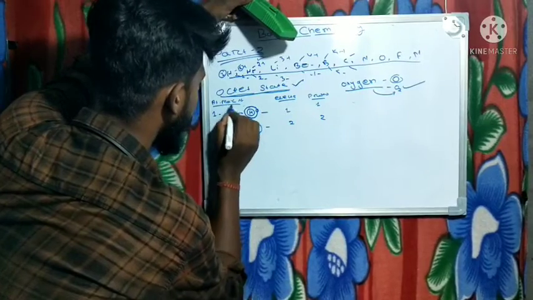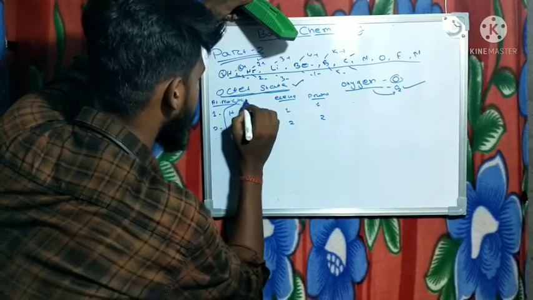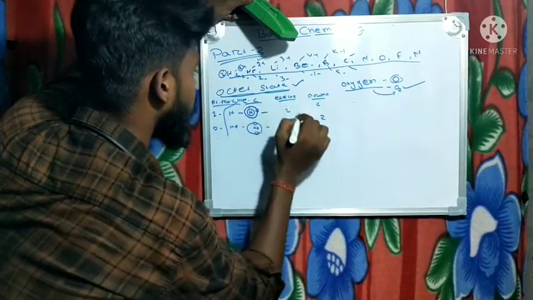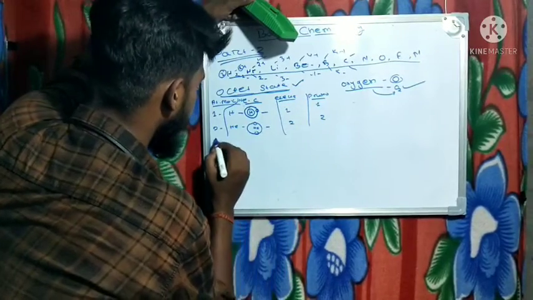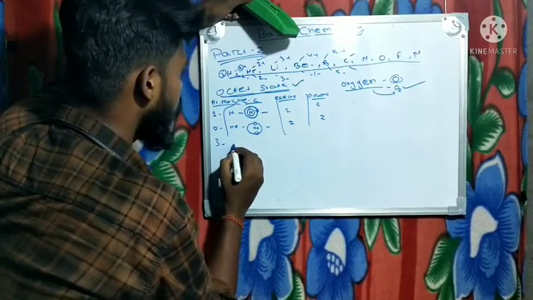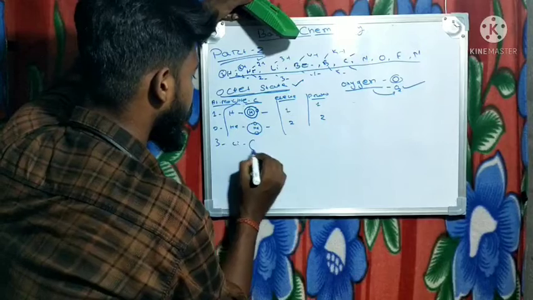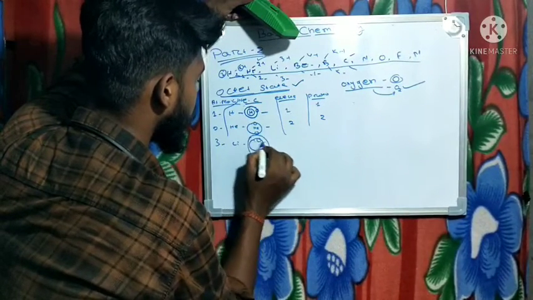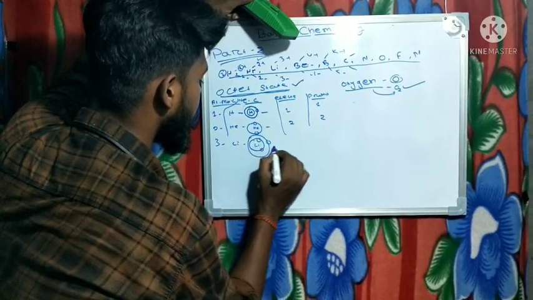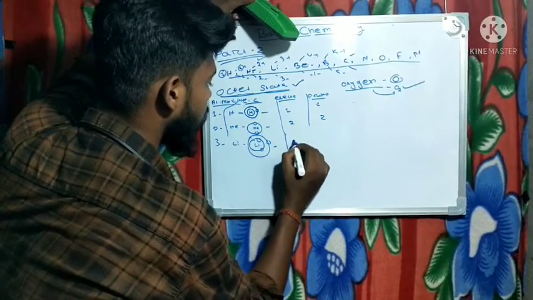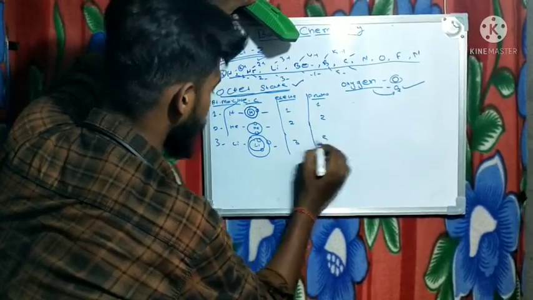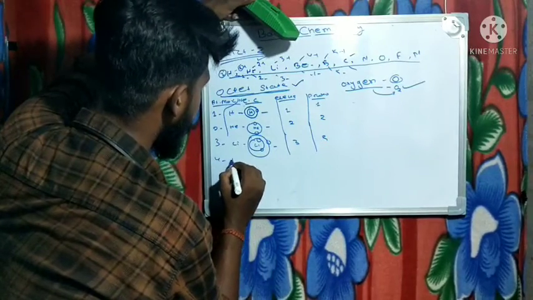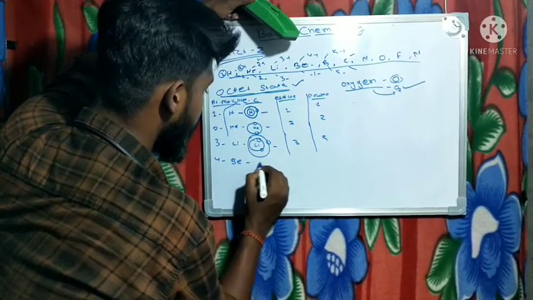Here is the atomic number, here is the electronic configuration, here is the electron, here is the proton. Then we can go to lithium, and lithium has 3: 1, 2, and the next electron is here, and this is your lithium, and 3. This is also 3.